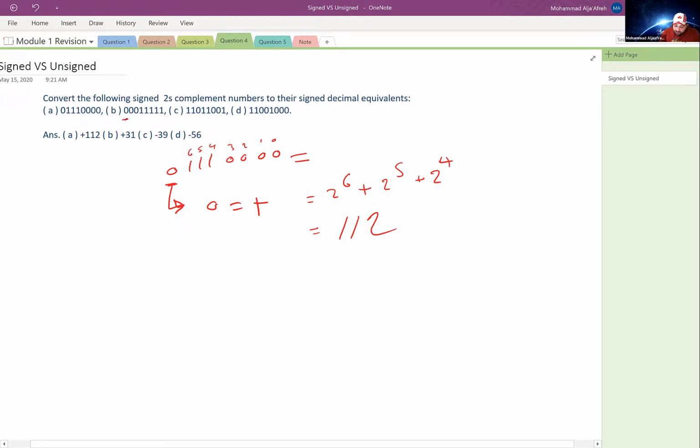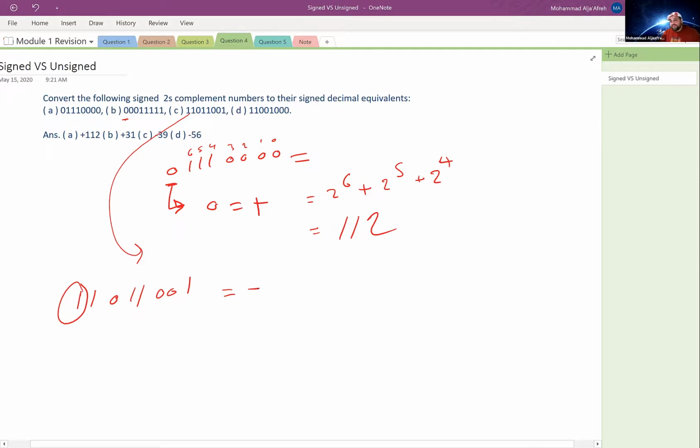Now let's take a look at this one here. I have 1, 1, 0, 1, 1, 0, 0, 1. By grabbing the most significant bit here, which is 1, I know for sure that this is a negative number.